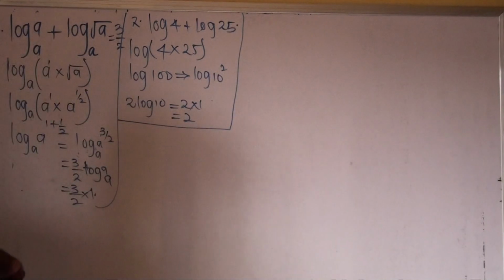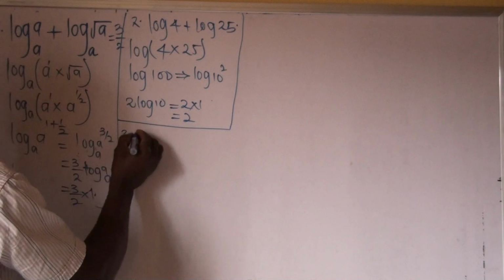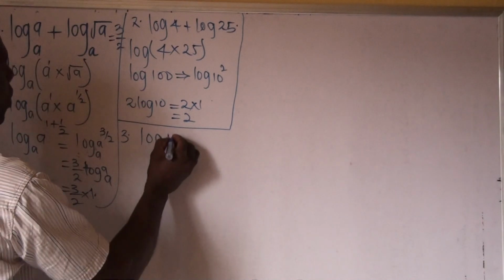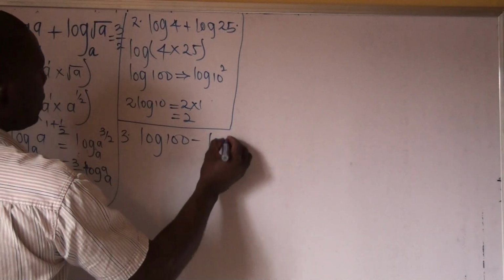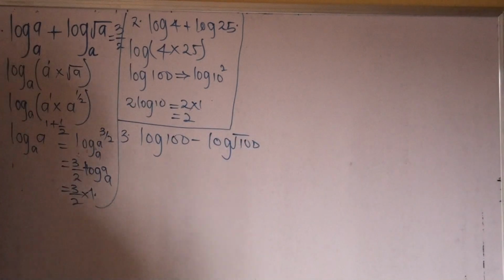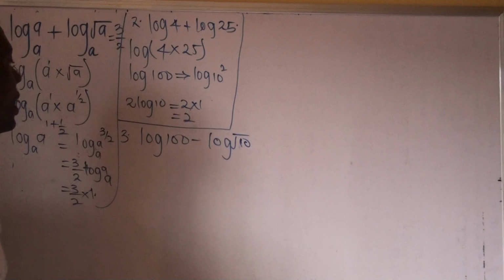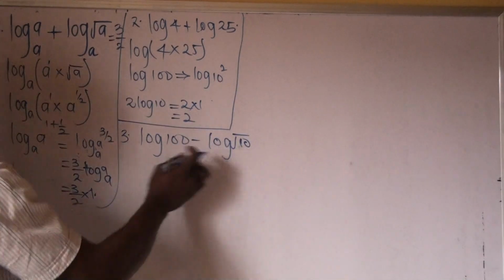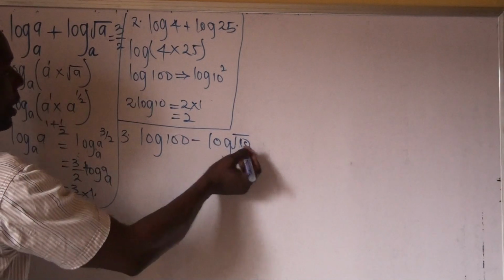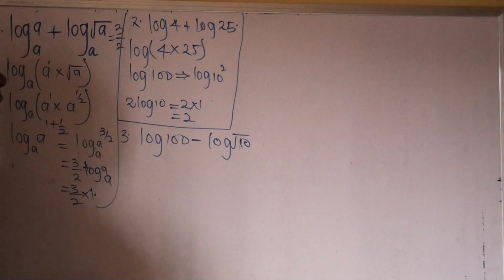Then the next question, question 3. Evaluate log 100 minus log square root of 10. Here we check the base first. The bases are the same, and the sign here is minus, and in logarithm, minus means division.